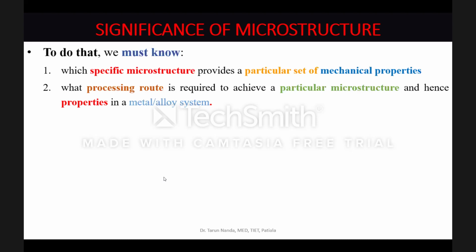And it's industrial metallurgy or physical metallurgy only which tells you what type of processing has to be given to the material system in order to get a desirable microstructure and hence mechanical properties in a metal or an alloy system. So in a nutshell, industrial metallurgy or physical metallurgy is a field which would help you in equipping yourselves with that complete knowledge with which you can have total control over the mechanical properties of a material system.